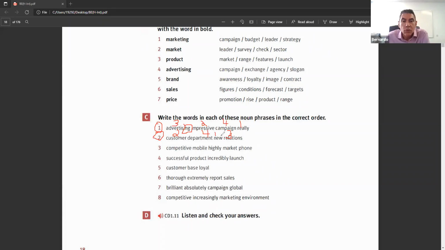Yes, right. So new, and again, which type of department? It's a customer department. And also it's a relations department. So the way you would make sense of it is if you think of customer relations, like customer service, they go together. That's in the compound noun. Customer relations and customer service.